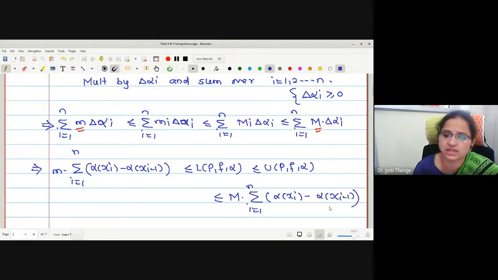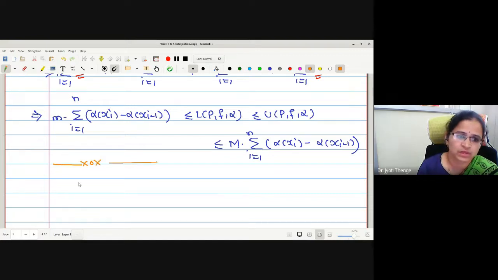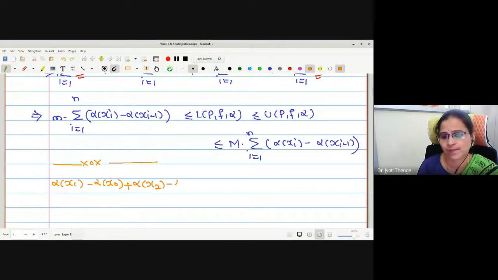Now just look at this first term carefully. If I run the sum over i, what kind of expression will we get? For i equals 1, what is the value? Alpha x1 minus alpha x0. Now what for i equals 2? Is it correct?